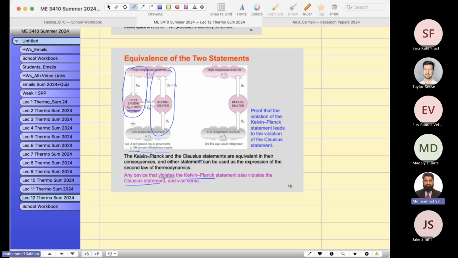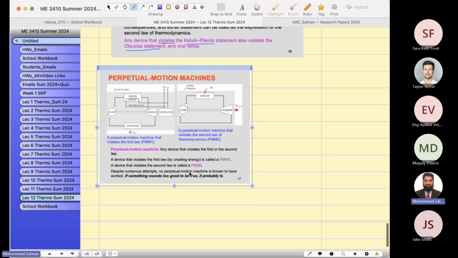So without losing heat, and this is also not true for the equivalent refrigerator. I would not worry about this slide. This is just proof of concept. It's not going to be used for our problem solving.